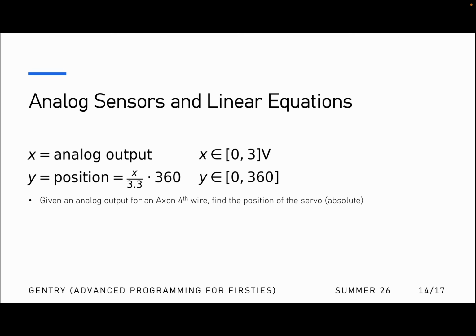This is just what Axon gives you, because that's what it's calibrated to. That's just what they give you. So you can represent this in code, and then you're all good. It's pretty simple in that scenario.